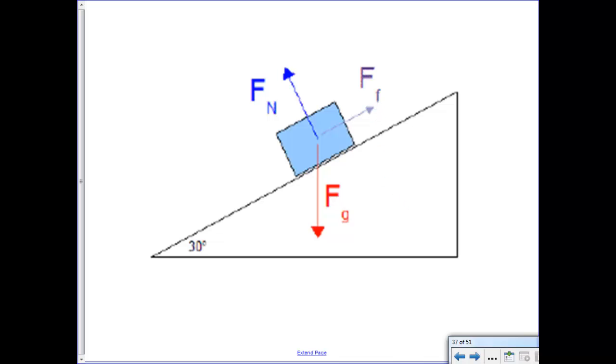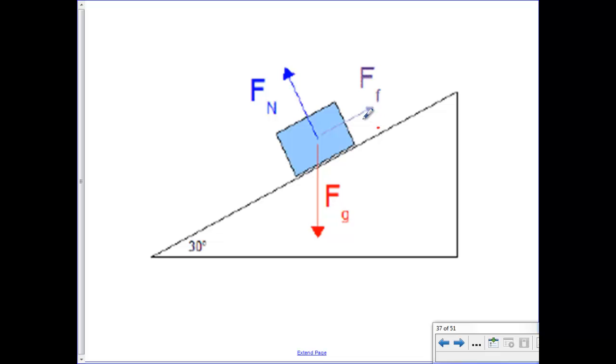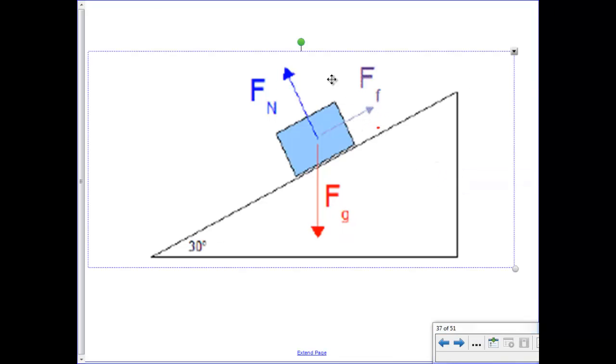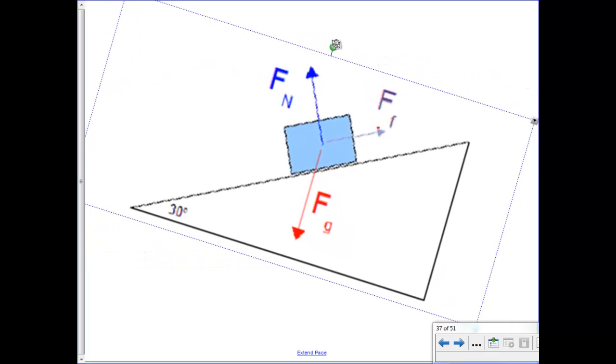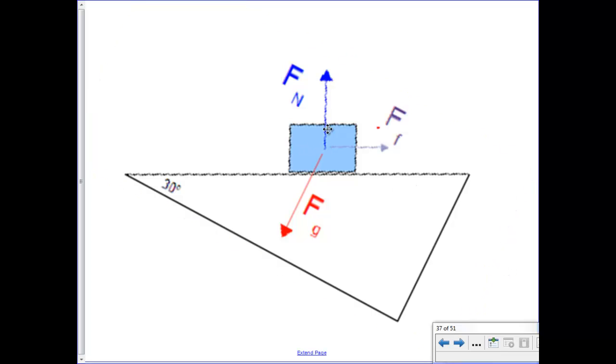Because these angles are not perfectly perpendicular. It may be better if you tilt your page a little bit, see if this makes sense. Consider it like this. The normal force is going this way, which makes sense, because normally we'd think normal force goes directly opposite the surface.